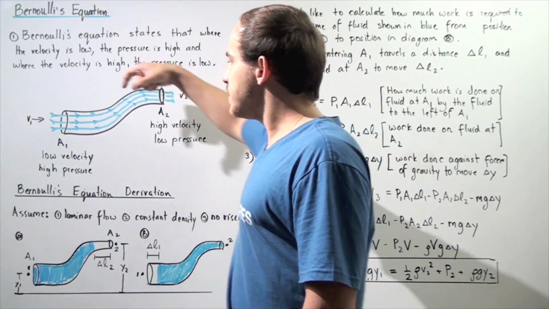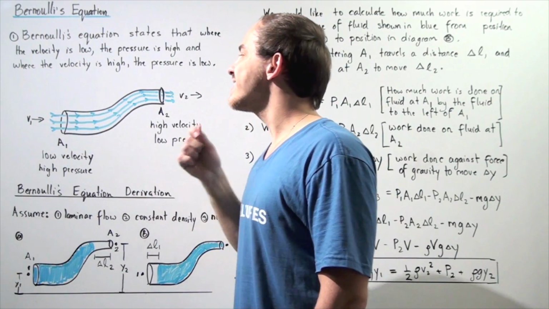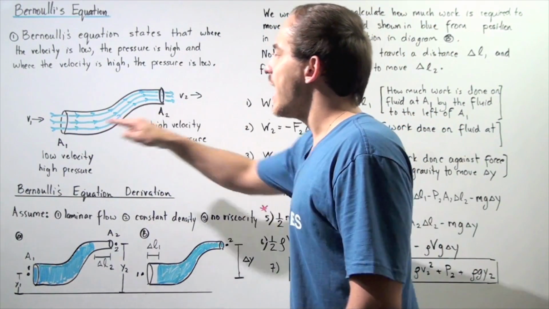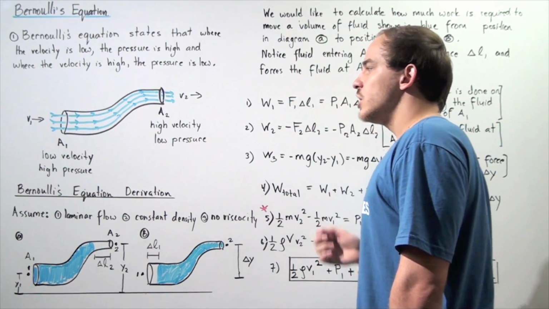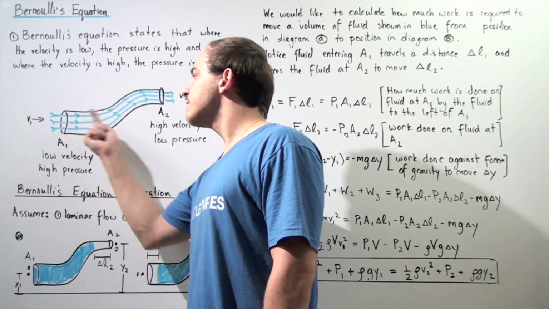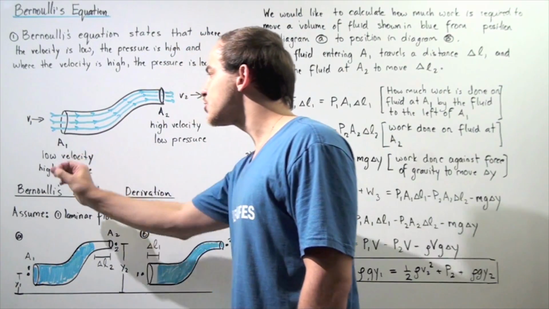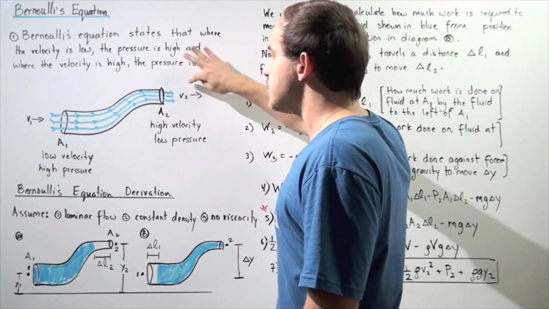Now, notice, because the cross-sectional area on the left side, A1, is higher than the cross-sectional area of the pipe on the right side, because A1 is greater than A2, then due to the equation of continuity, we know that the velocity of the fluid V1 on the left side is lower than the velocity of the fluid on the right side, V2.